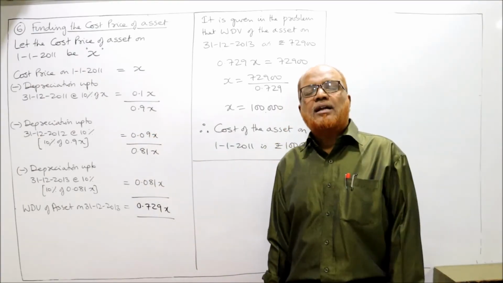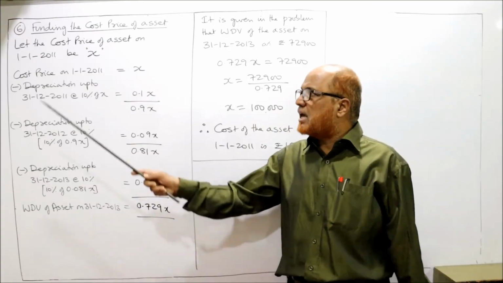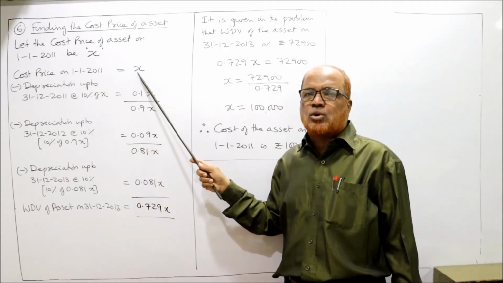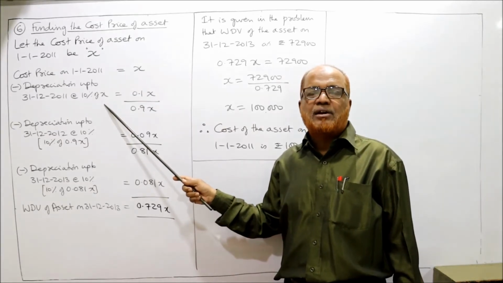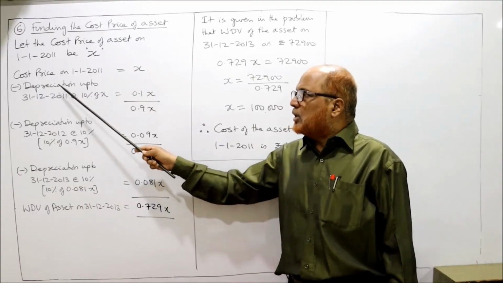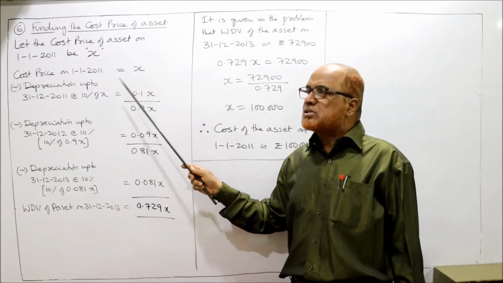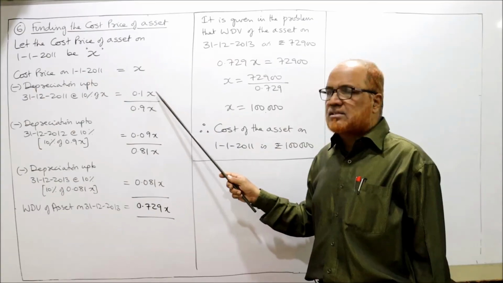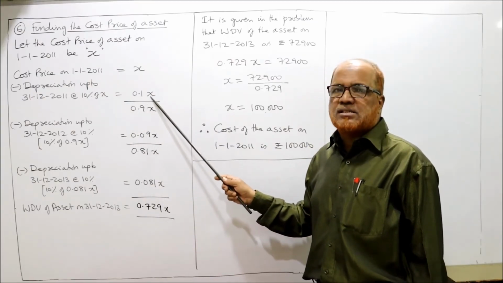At the end of the year, 31st December 2011, we provide depreciation at 10% on X. 10% of X is 0.1X.